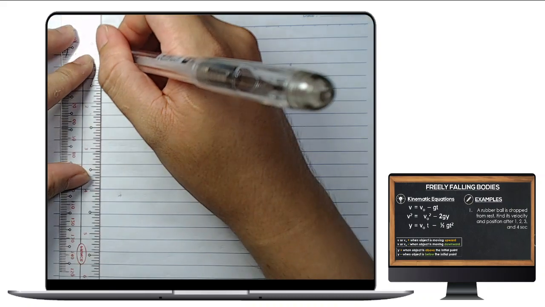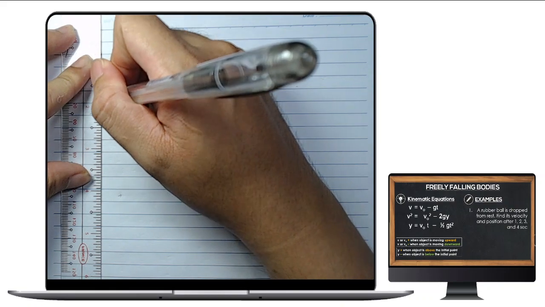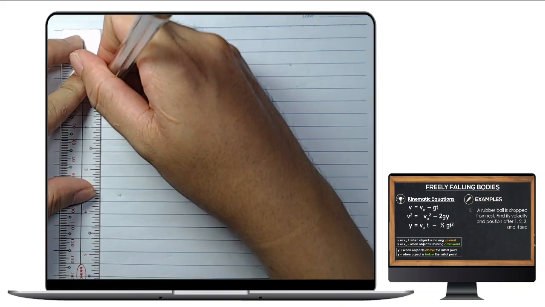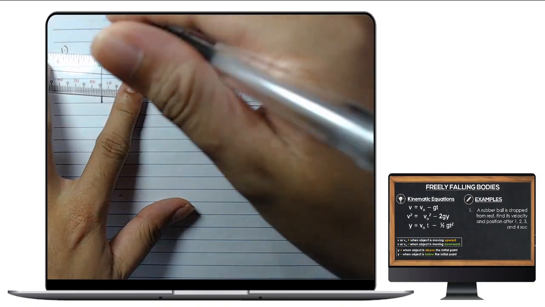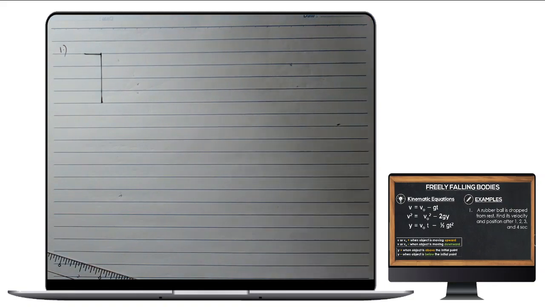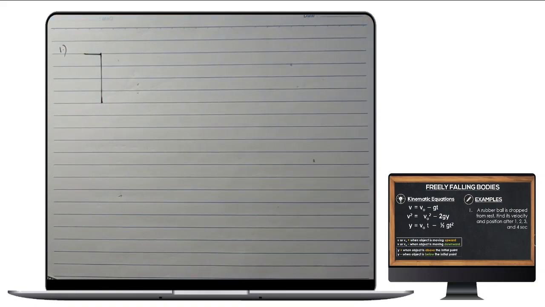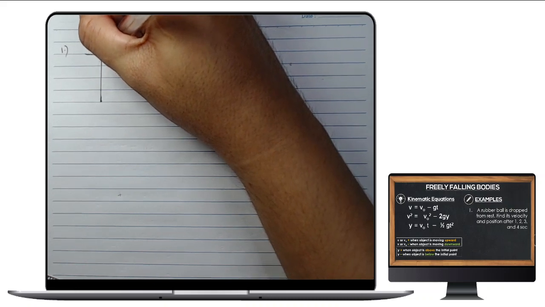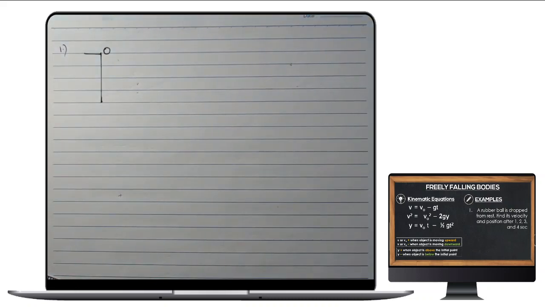So let's say a rubber ball is dropped from a certain point. So let's say this is your rubber ball. Okay, so it is dropped from rest.